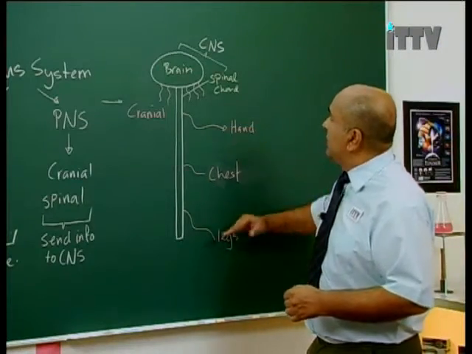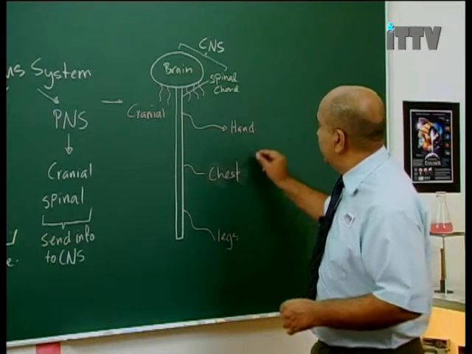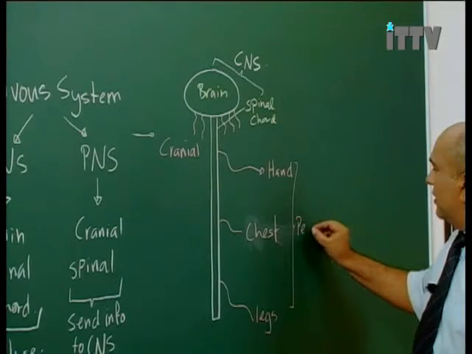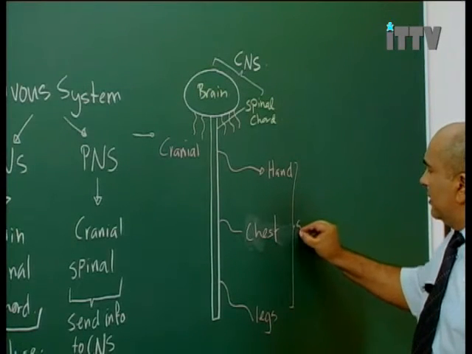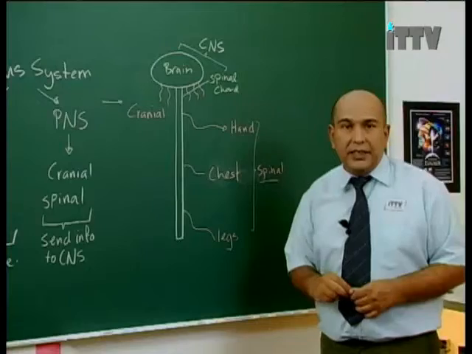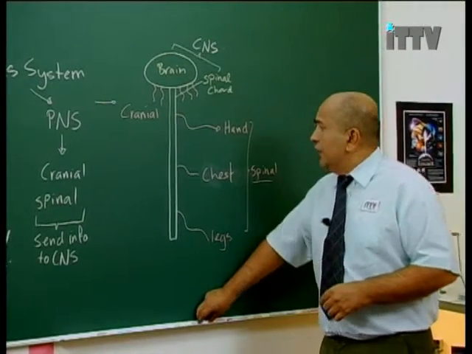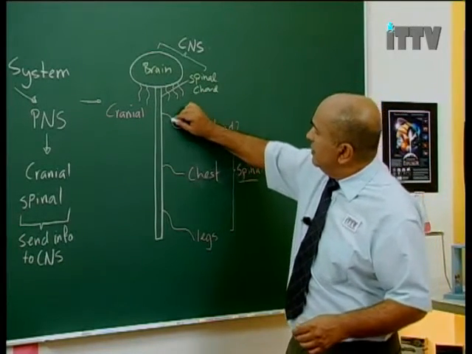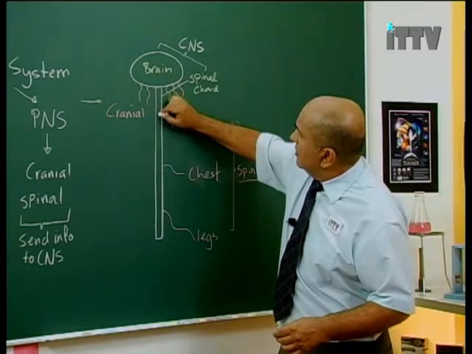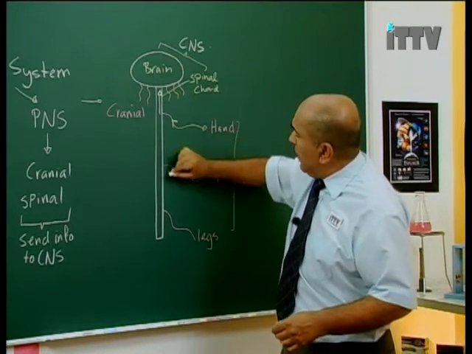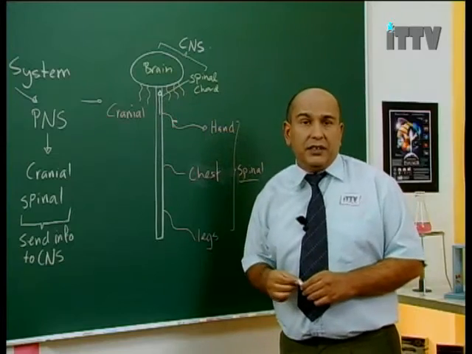All of these basically are our peripheral nerves. So these are our peripheral nerves from the spinal cord, which we call the spinal nerves. So information is going to travel from here up this way to the brain, and then from the brain back out to any effector muscles.